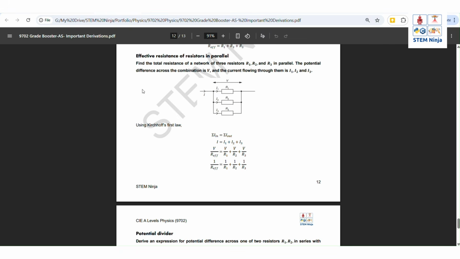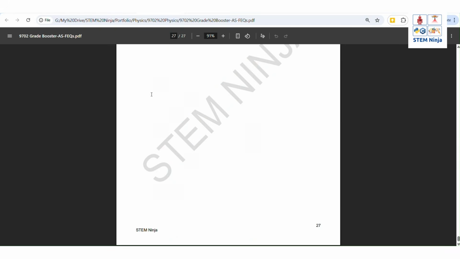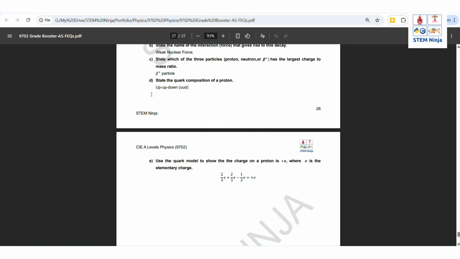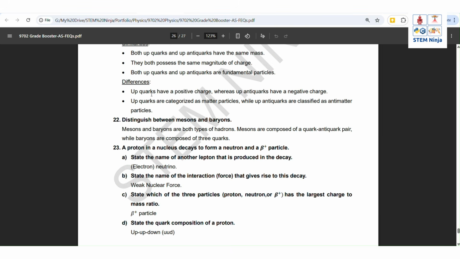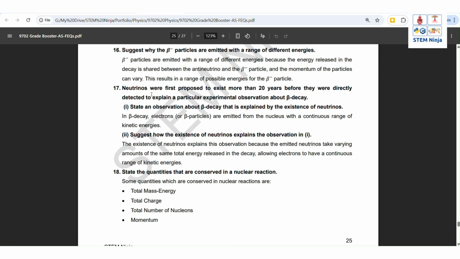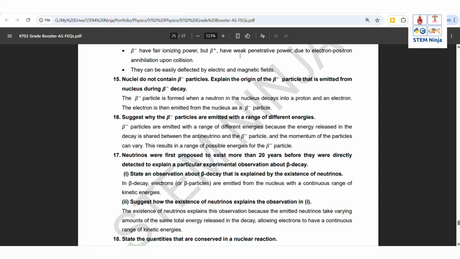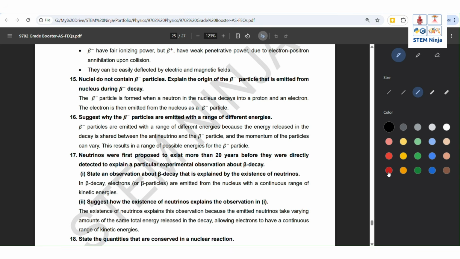It's in the frequently examined questions, because this also comes in paper 2. Different energies, because the energy released in the decay is shared between the antineutrino and the beta negative particles, and the momentum of these particles can vary.